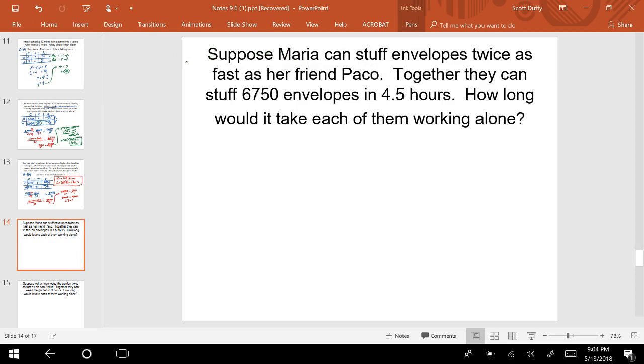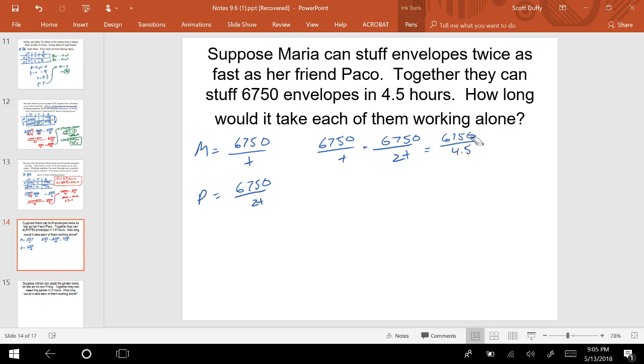I'm going to go straight to the rates. If Maria stuffs alone 6,750 in a certain time, it would take Paco twice as long to do it. And then those two rates added together, 2t equals the total amount of envelopes being able to be stuffed in 4.5 hours.